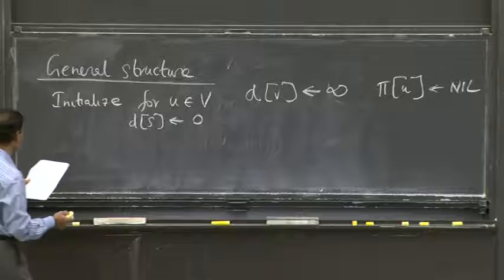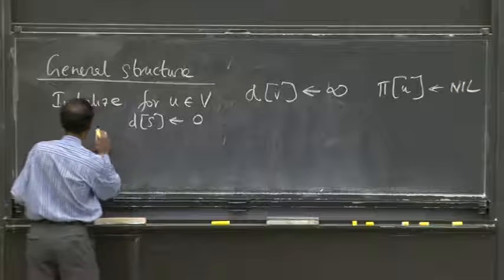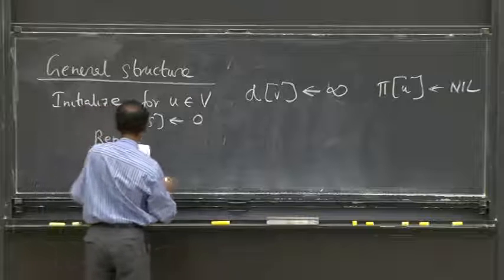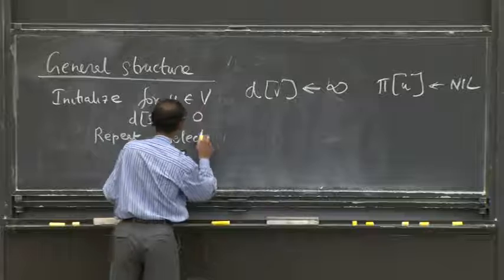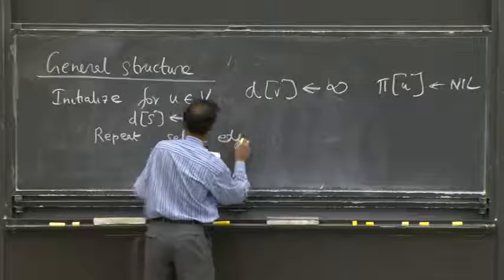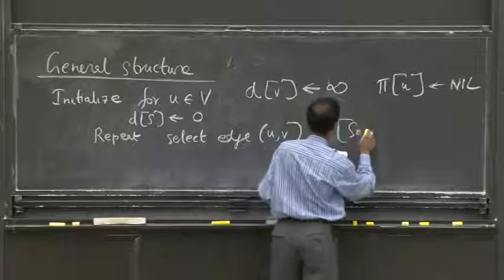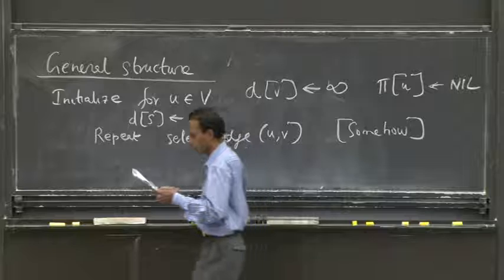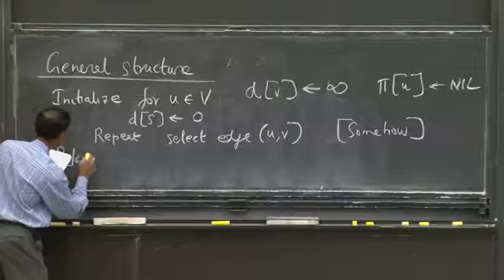And what we're going to do is essentially repeat: select some edge u comma v, and I'm not specifying how. This is going to result in a different algorithm depending on the specifics of how. But the important notion is that we're going to relax edge uv.